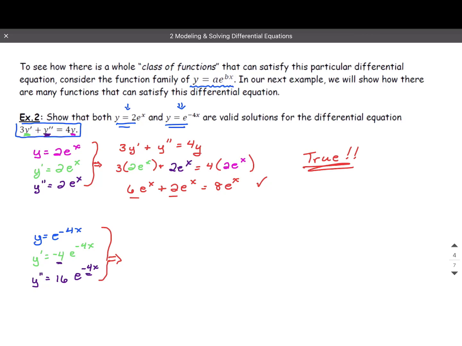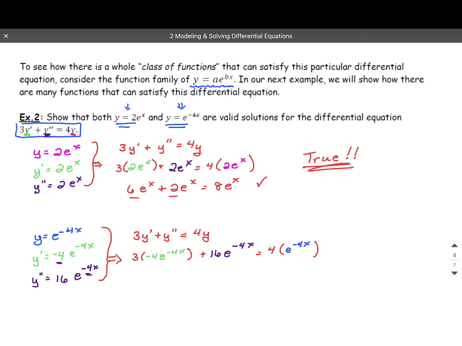Now we have our function and our first two derivatives. So we're going to write our differential equation, 3y prime plus y double prime equals 4y. We're going to make our substitutions. 3 times y prime, which is negative 4 e to the negative 4x, close it, plus y double prime, which is 16 e to the negative 4x, equals 4 times y, which is e to the negative 4x.